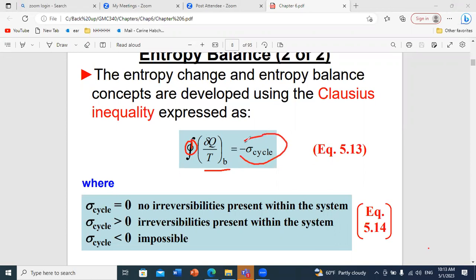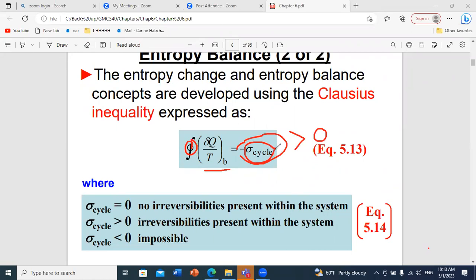And we have seen that it is impossible to get this integral positive. This means that sigma can never be negative because the integral is equal to minus sigma. So sigma cycle will always be positive.